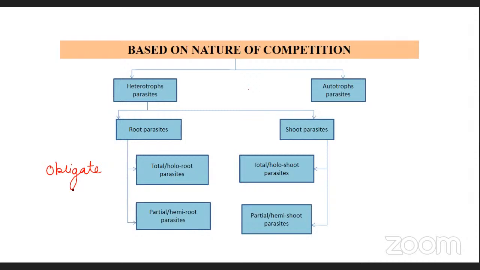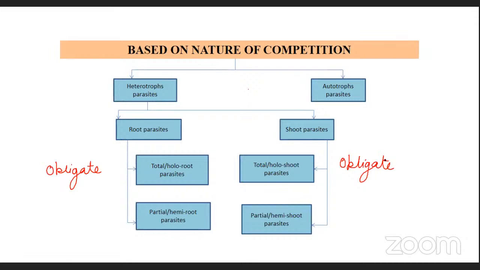Because they are dependent on the host root only, and they do not have any other source of food. That's why they are known as obligate root parasites. The same thing is known as obligate shoot parasite.